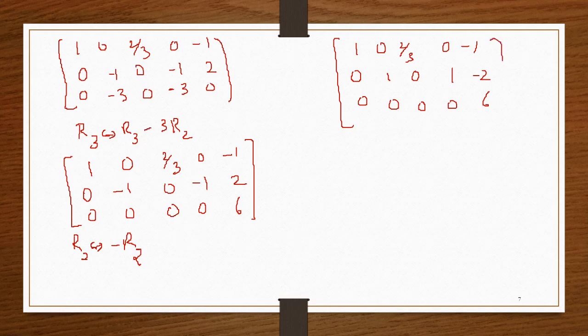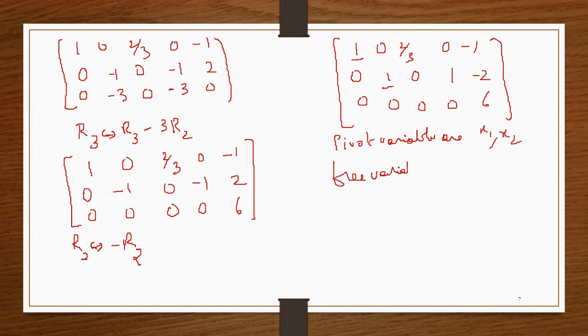So if you see here, we are going to get two pivot variables. The pivot variables are x1 and x2. Free variables are x3, x4, x5. Now we'll write the solution.